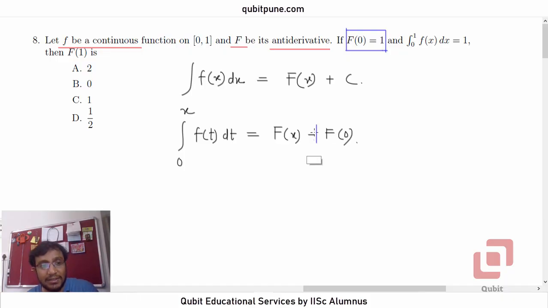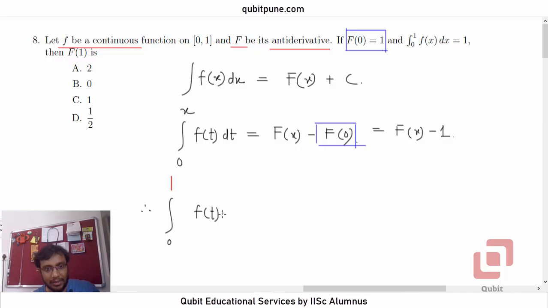Now have they given us F of 0? Yes, they have. That is 1. Therefore, this is equal to capital F of x minus 1. Now they want us to determine F of 1. So x's value is still 1. Therefore, the integral from 0 to 1 of f of t dt is equal to F of 1 minus 1.